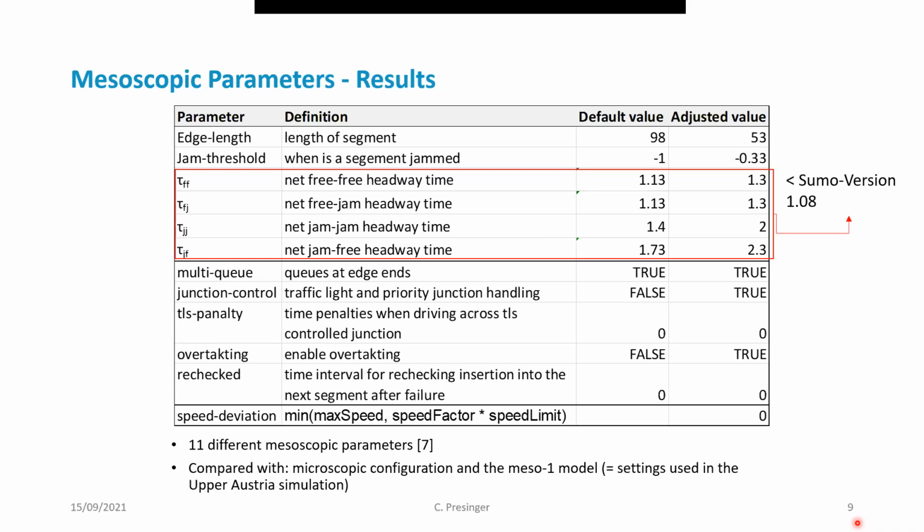This was a little bit of a problem because the tau values should also depend on the traffic volume. And if you just set it for a complete simulation, when you have so many different characteristics, it can be very challenging.